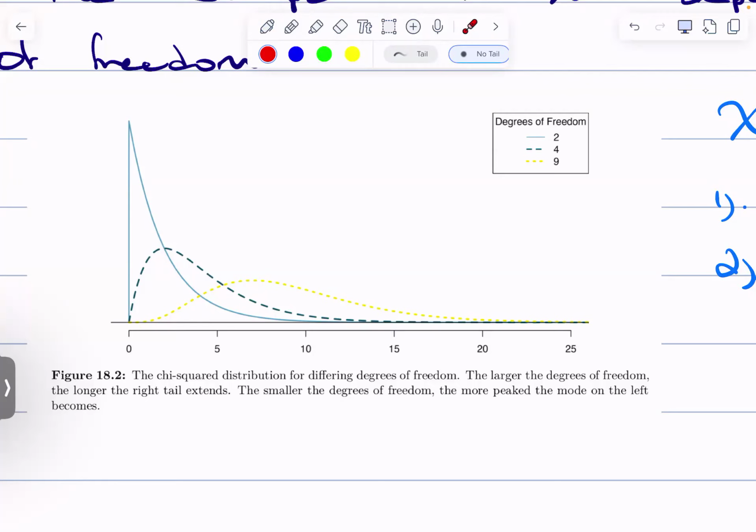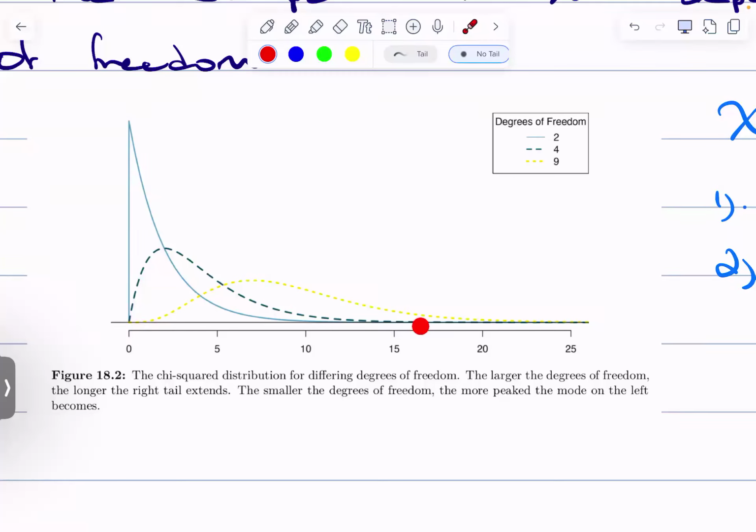Now, we're used to having to pay attention to, do I want the upper tail or the lower tail? Or if I have a two-sided test, I want both tails, for our p-value. But for a chi-squared, the p-value is always going to be the area in the upper tail. Because here at 0, there is no lower tail.